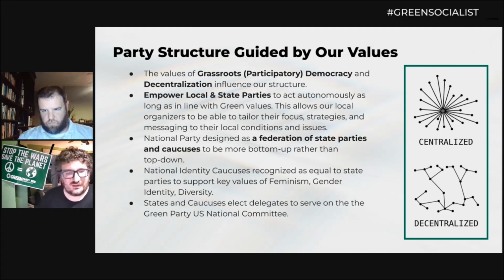A delegate should be the opposite. A delegate should meet with all of their members, all of their constituents, and that local group or that state party makes a decision and then tells the delegate, here's what we expect you to do based on our decision that we've made locally. So it's a bottom up process as opposed to top down, or at least it should be ideally. That's what we're going for.